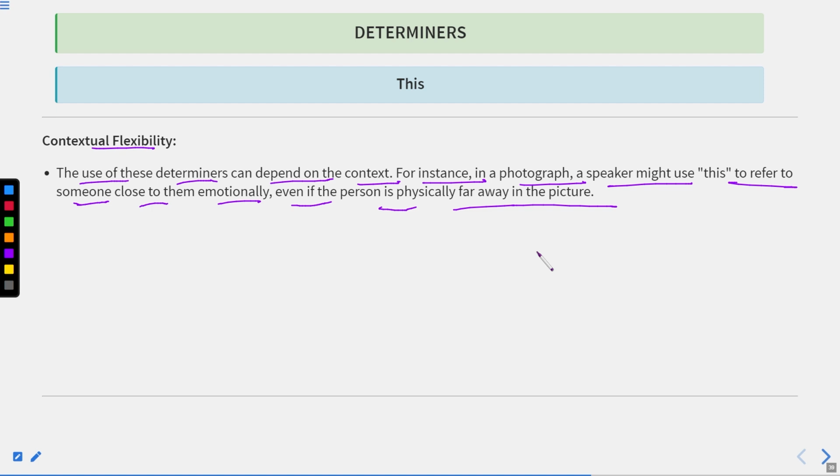Suppose something is near to you and it is singular, we can use this. But if the things or the persons which you are going to qualify are more than one, you cannot use this.